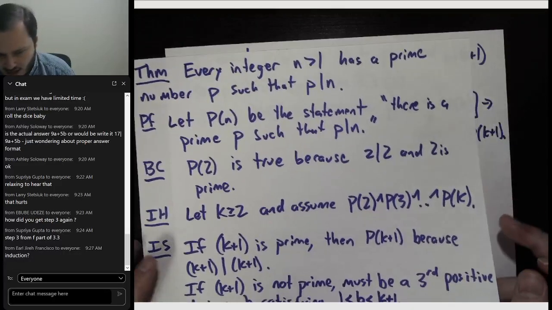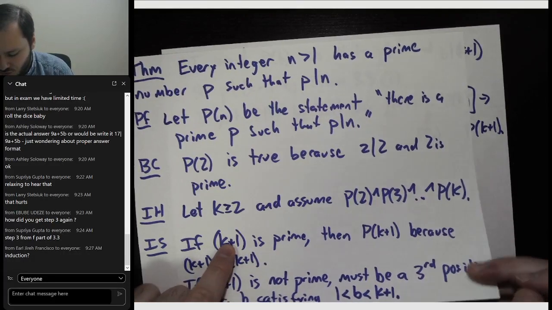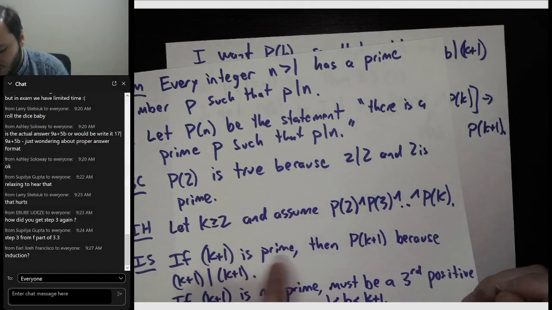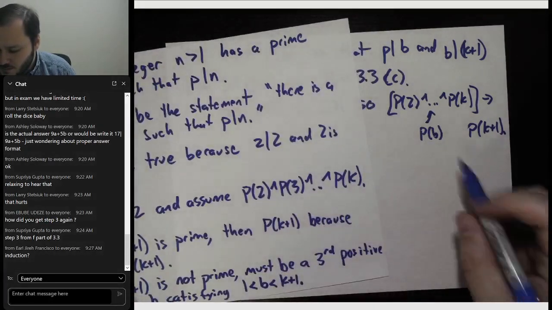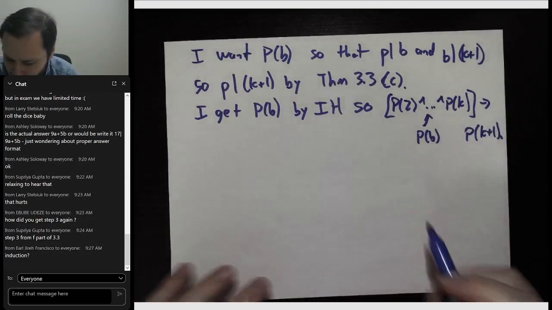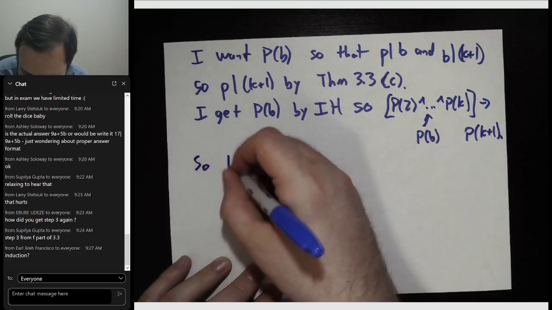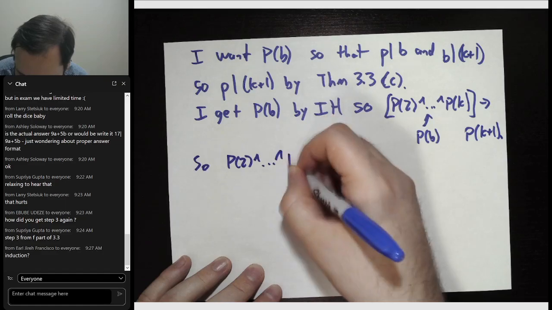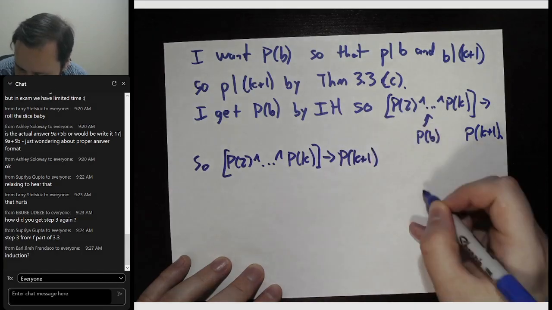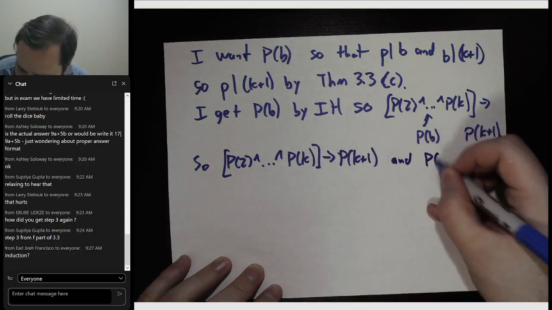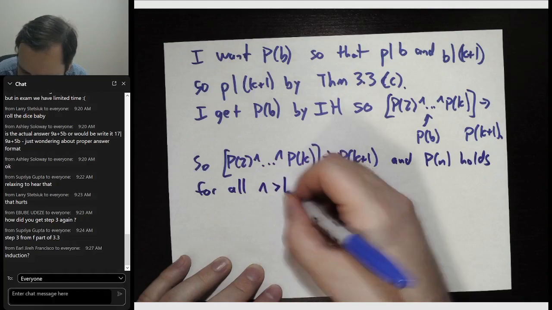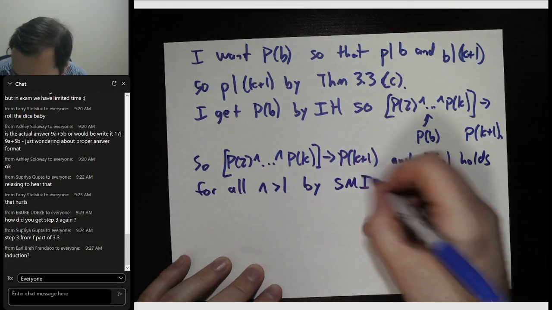So in both cases I get, P of K plus 1 is true if K plus 1 is prime, and P of all of this implies P of K plus 1 even if it's not prime. So P of 2 and all the way up to P of K implies P of K plus 1, and P of n holds for all n greater than 1 by strong mathematical induction.